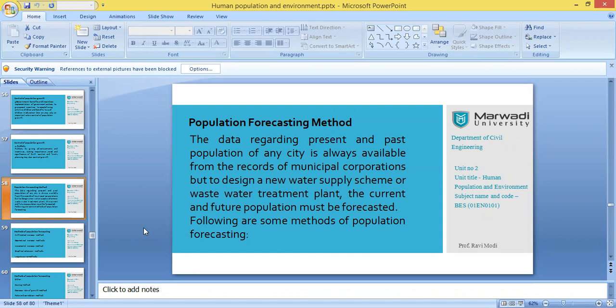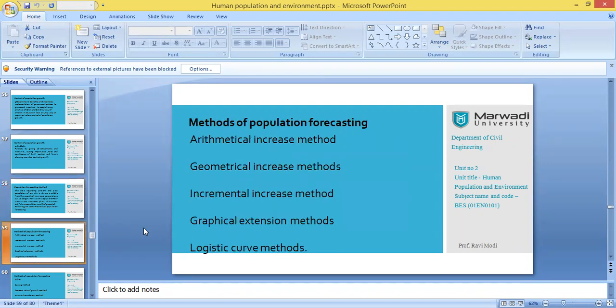So by certain methods we can forecast the future population of a particular area, or you can say a particular city. There are many different methods of forecasting the population: arithmetical increase method, geometrical increase method, incremental increase method, graphical extension method, logistic curve method.